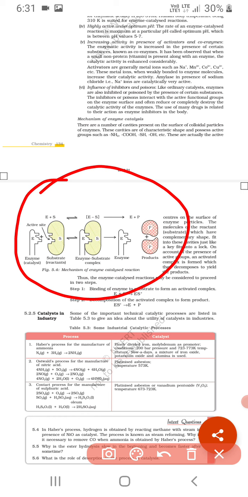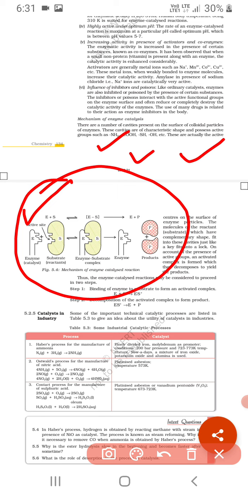See students, in enzymes there are a number of different shapes, and these shapes have different functional groups like amino group, acetic acid group, hydroxyl group, thio group, right? These are actually the active centers on the surface of enzymes. And a substrate has a complementary shape and functional groups which are going to form bonds between enzyme and substrate.